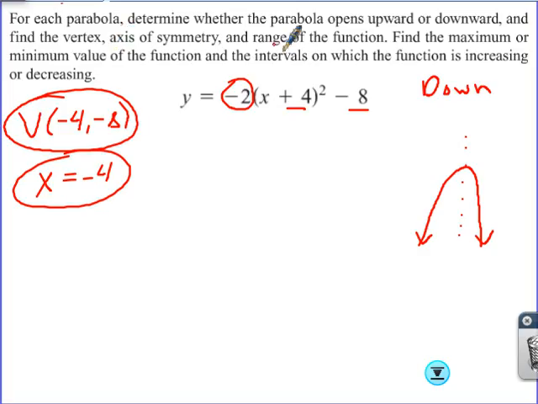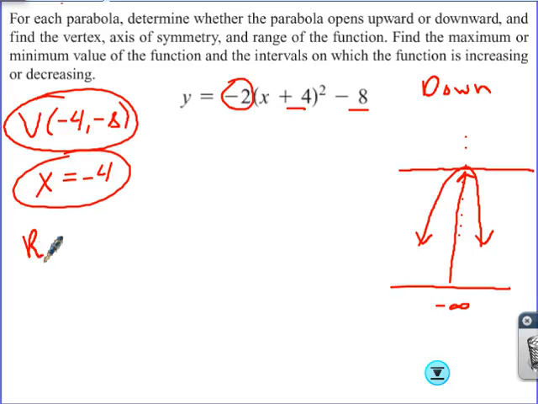The range of the function, okay, this seems hard. So we've got to plug in some x values to see what your range is. Now, use the graph. Your parabola looks like this. The range is from down here, which I believe would be negative infinity. It goes forever, from down here to up here.